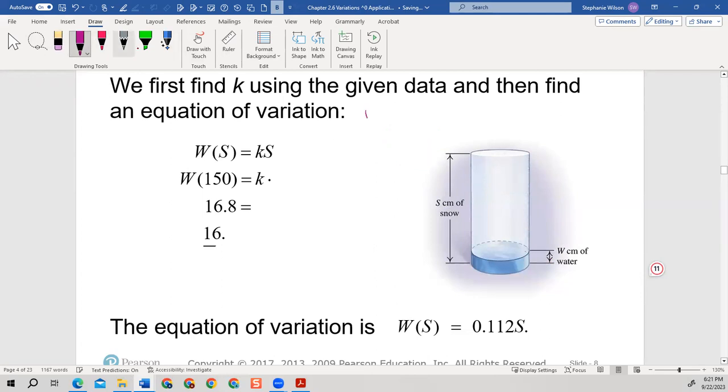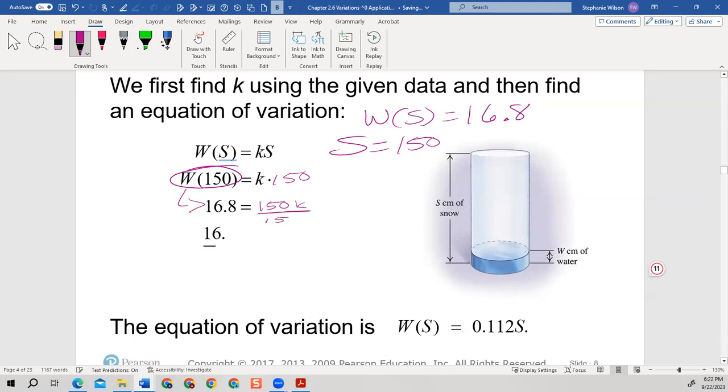Let's redo this. My W of S is going to be equal to that 16.8. That's my end result after it melted. My capital S is going to be the 150. This is the snow before it melted, and then W of S is after it melted. Now let's plug it in. So this becomes 16.8 equals 150k.